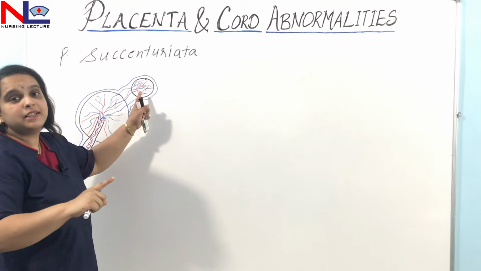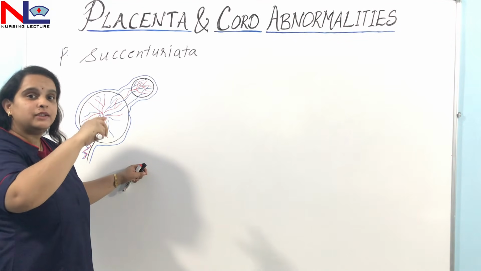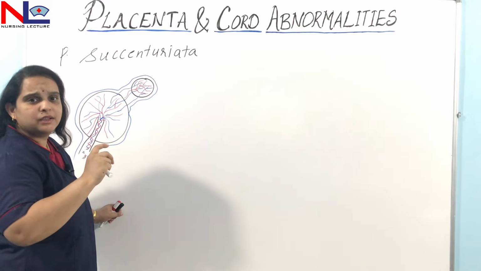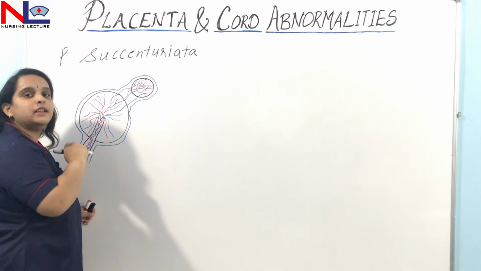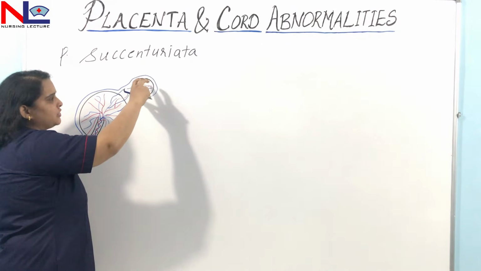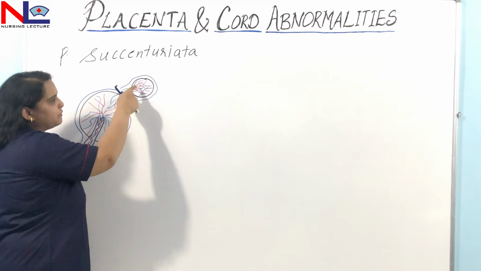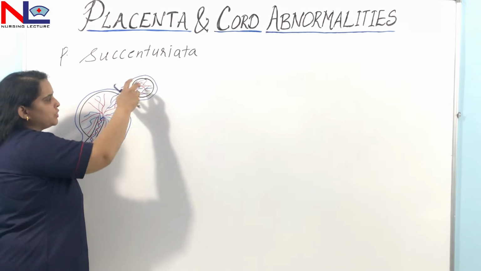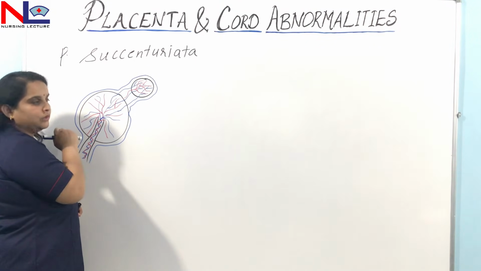But what is happening here in succenturiata? The villi which form in the capsular region remain functional. So some of the villi which are functional on the decidua capsularis form this accessory lobe or cotyledon. As this lobe is lying away from the main portion, it is connected by some vessels, and the vessels connecting it to the main portion radiate from the fetal surface only.